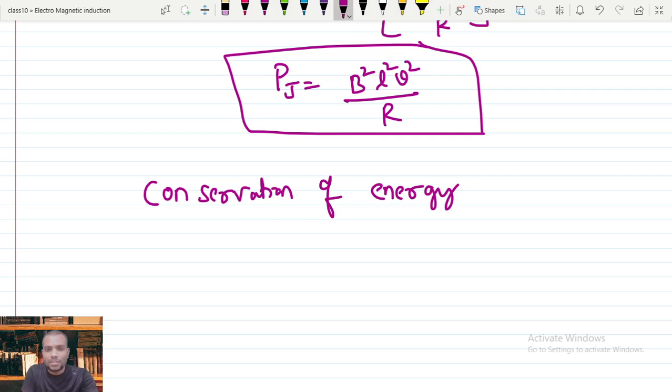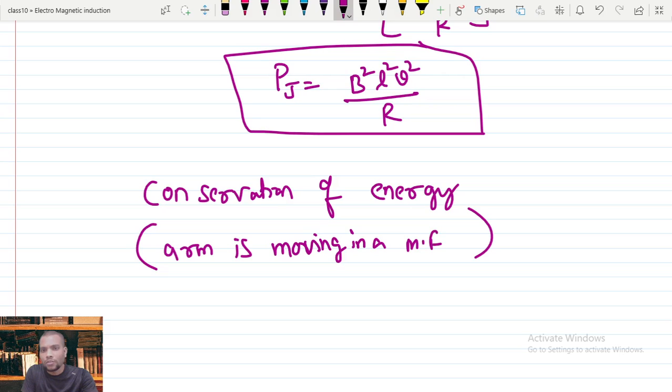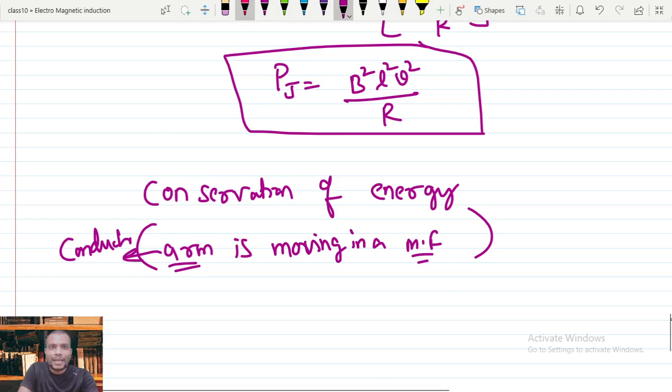So in this conservation of energy, the case is a conducting arm moving in a uniform magnetic field. How does the energy get conserved here? Whatever energy we are giving is mechanical energy.